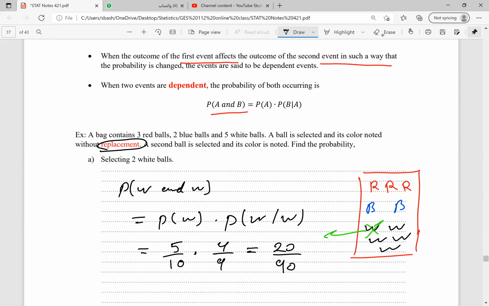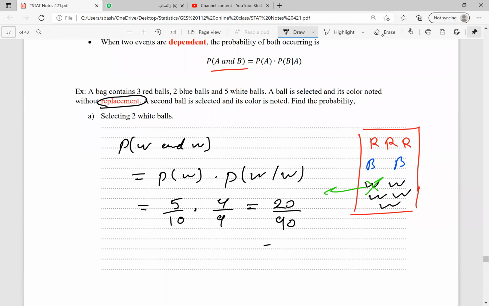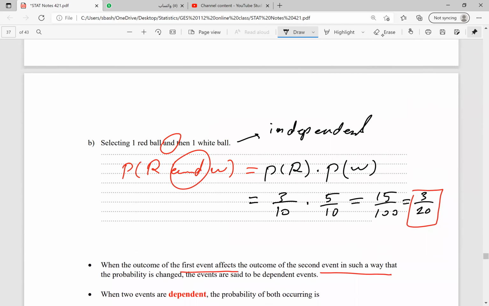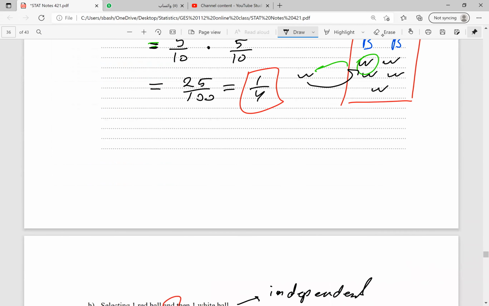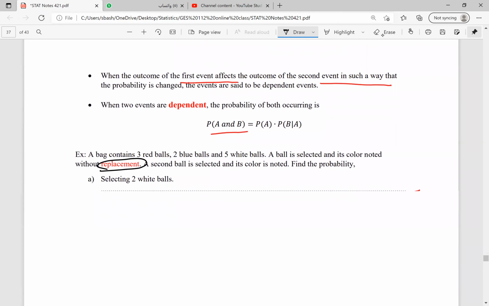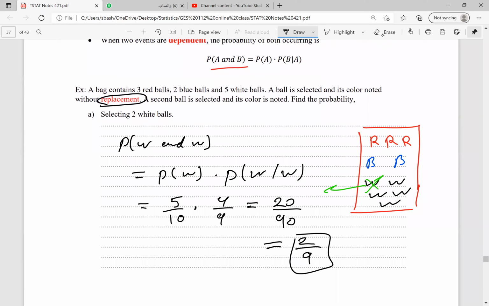This is the idea of dependent events. I got 20 over 90, or this is equal to 2 out of 9. Before, the first one was 1 out of 4, but now it is 2 out of 9. But these are dependent events.